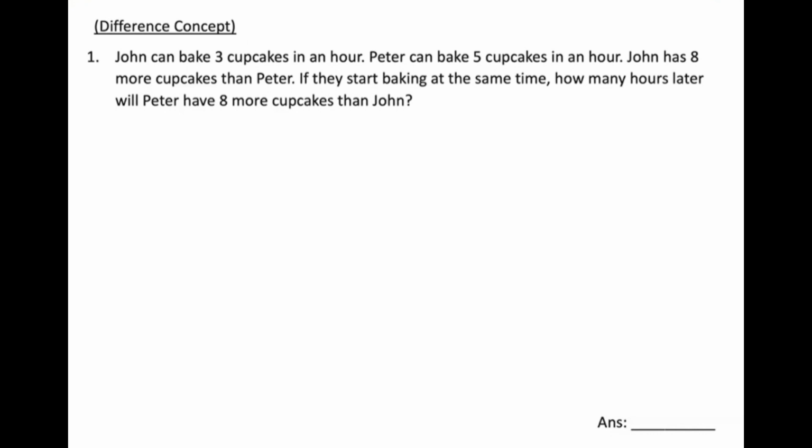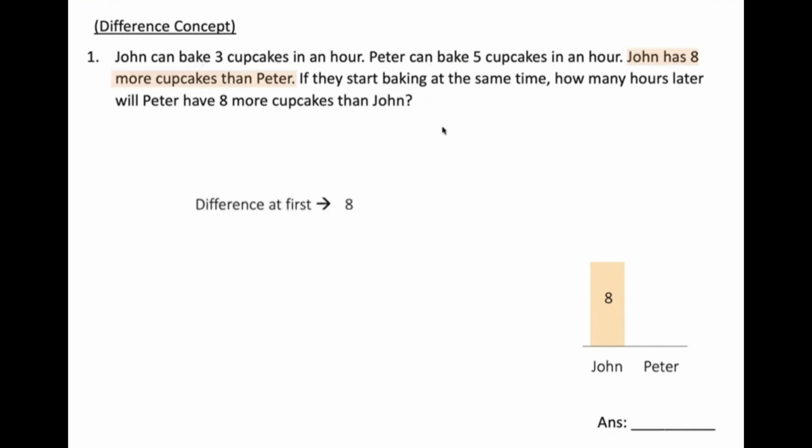Okay, so this is the idea. So this is key. So beginning, John has 8 more than Peter. But over time, Peter will catch up because Peter is baking 5 and John is baking 3 every hour. So 2 more every hour.